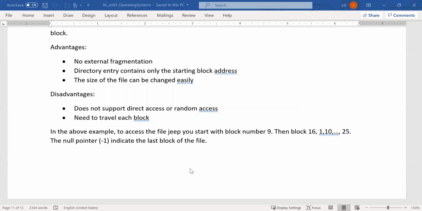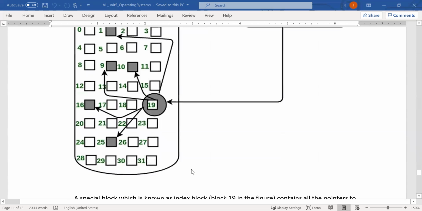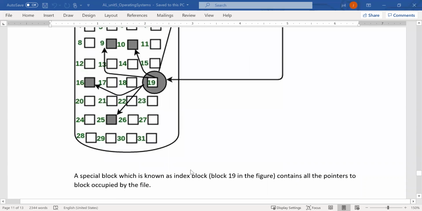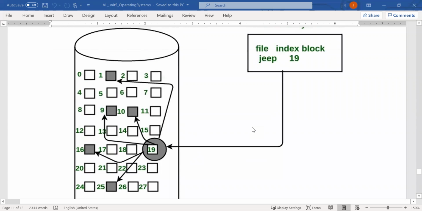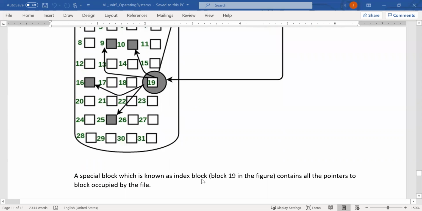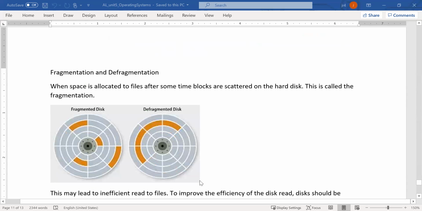So you have to travel through every block there. Then index allocation, that means you have a dedicated block which keeps track of where the blocks are, right? So in this particular case, block number 19 links to all the other blocks there. So you can directly access the information, right?